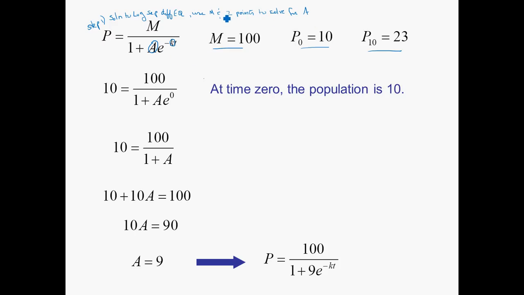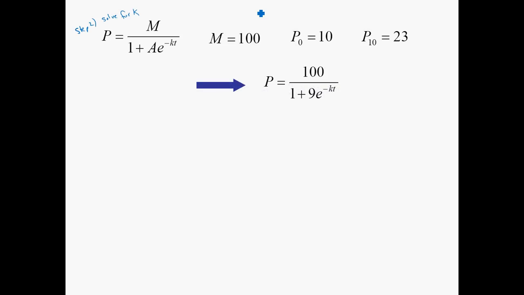Step 1, use the initial condition to solve for A. Step 2, solve for K using the second point.